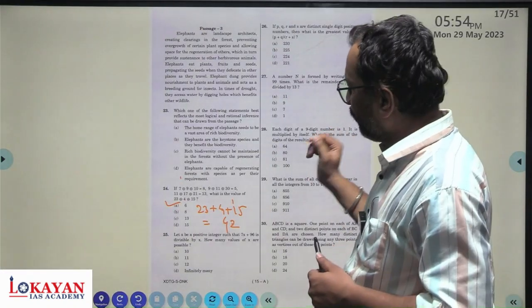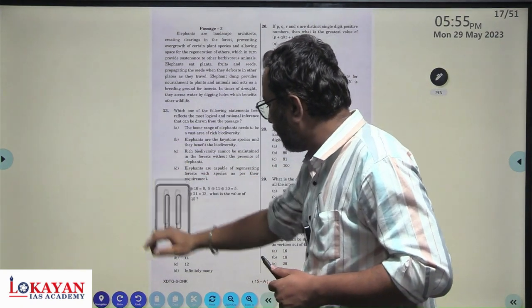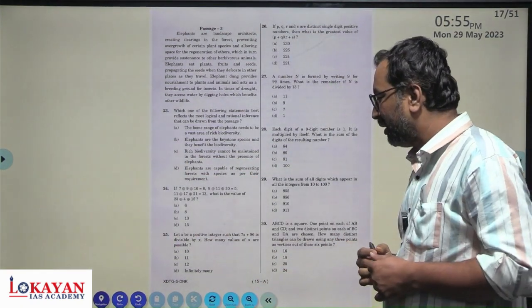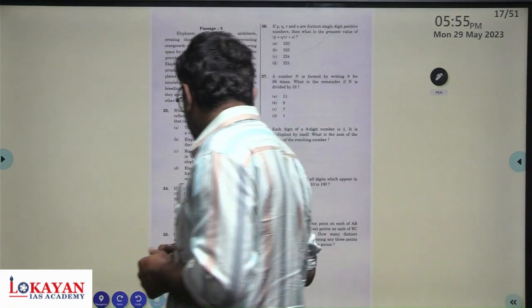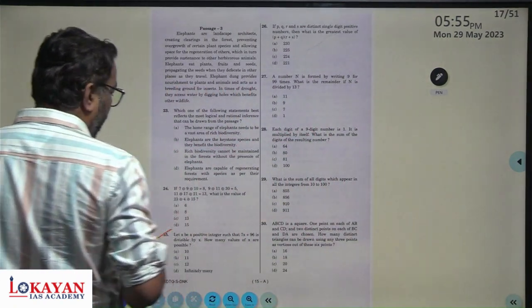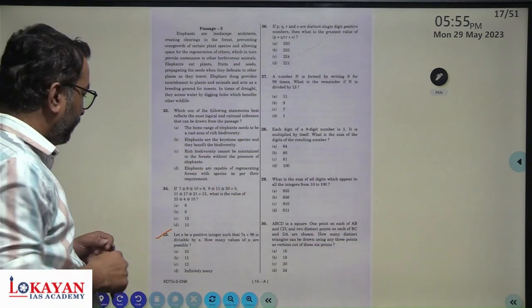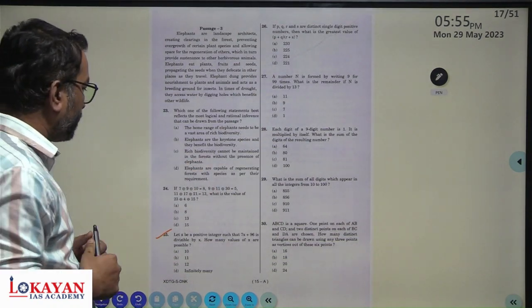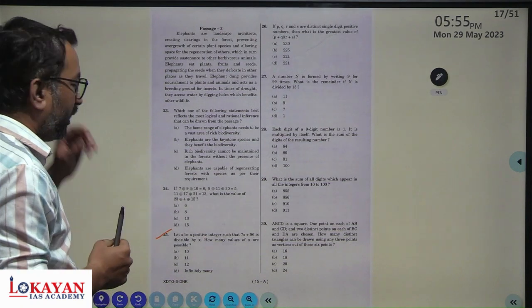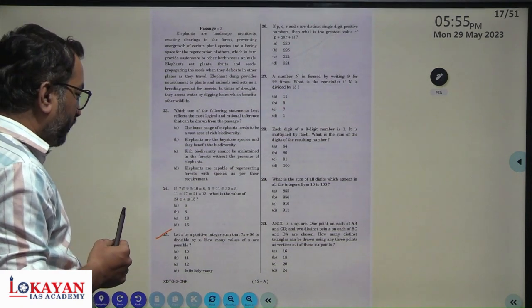Question number 25. Let x be a positive integer 1, 2, 3, 4 up to n such that 7x plus 96 is divisible by x. How many values of x are possible?